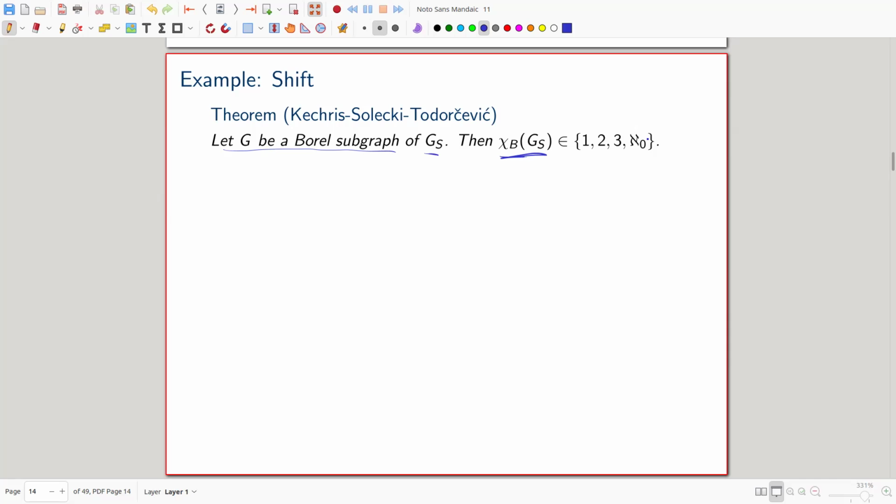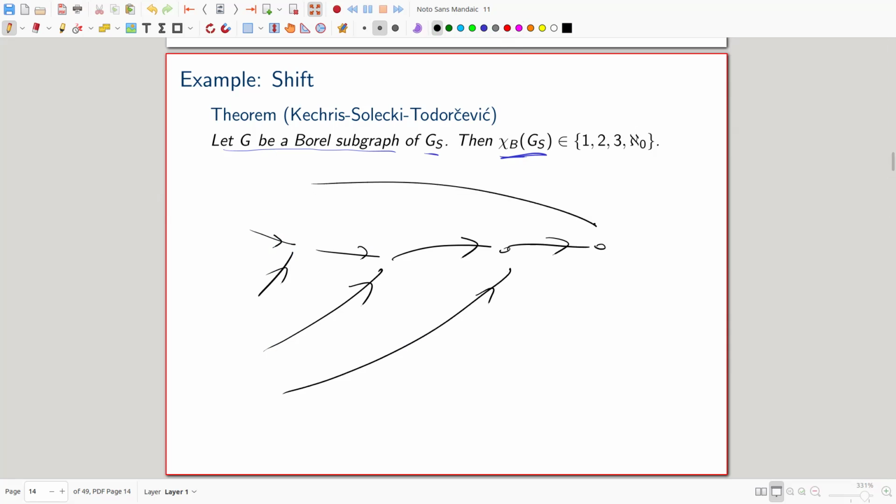So why is this the case? Let me sketch this proof. I think it's pretty nice. Again, we go back to this picture of the graph. And what do we have to prove?